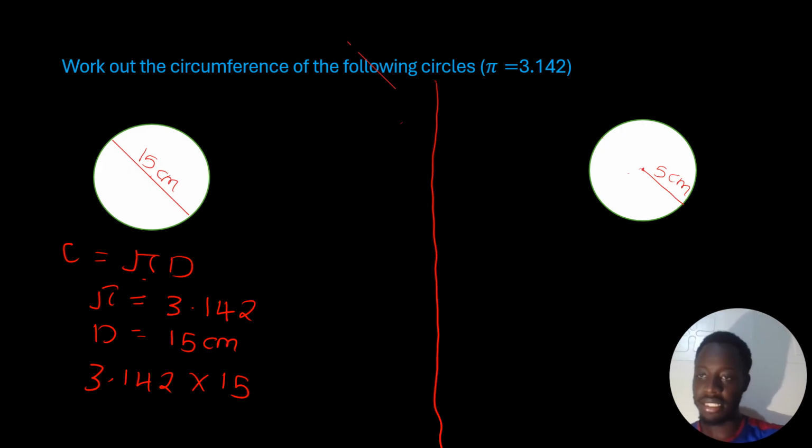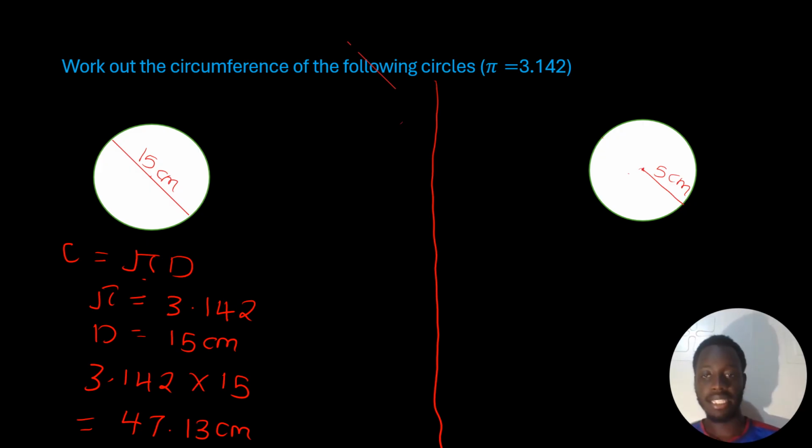Let's find that. 3.142 times 15, you get 47.13 centimeters. So that is our circumference for the first circle. Let's move to our second circle.